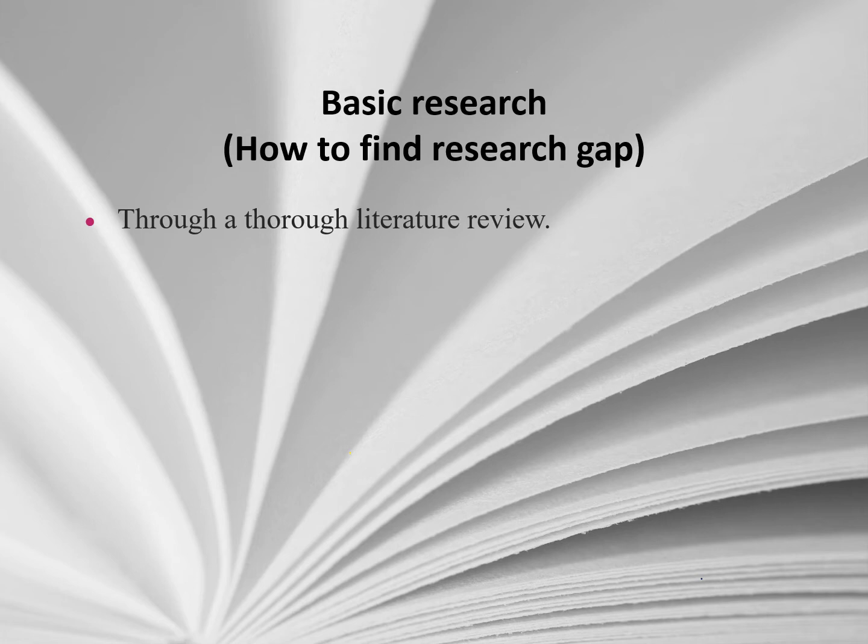Then we can read and study them, highlight the main components in those articles, and broaden our knowledge about the particular topic we want to research. And by browsing through 20 or 30 articles, we can find a gap.